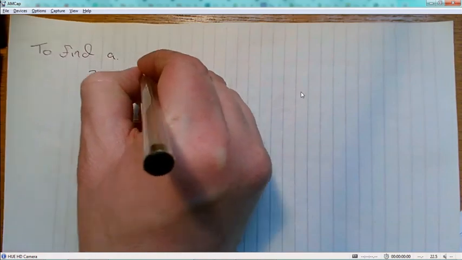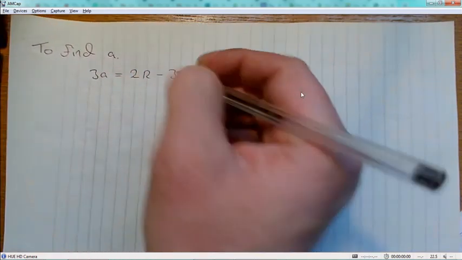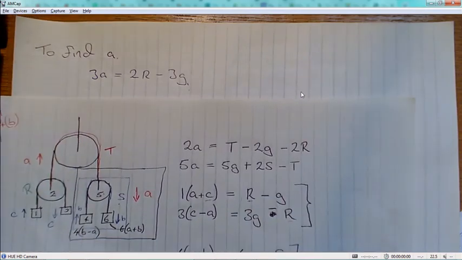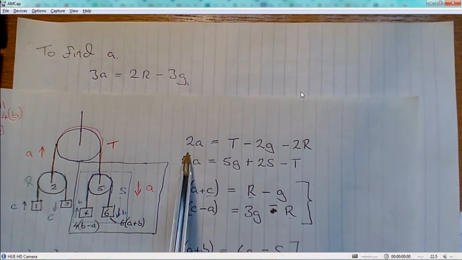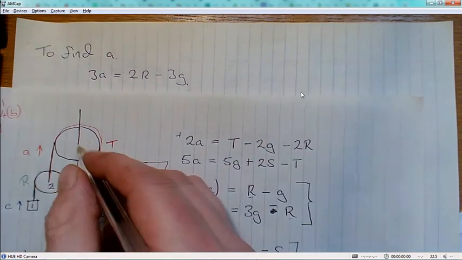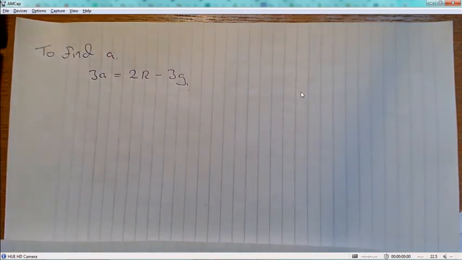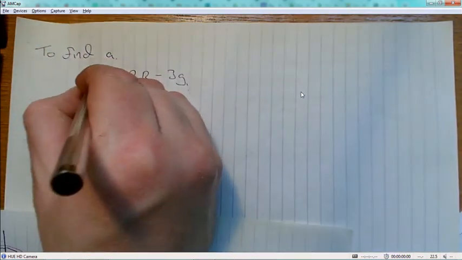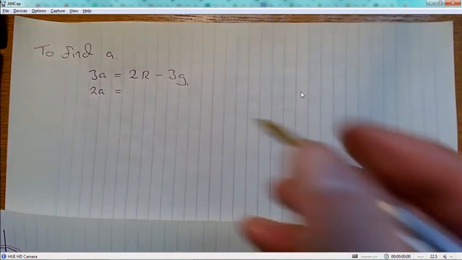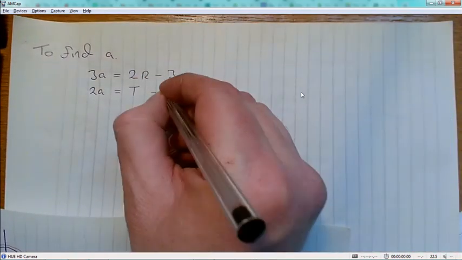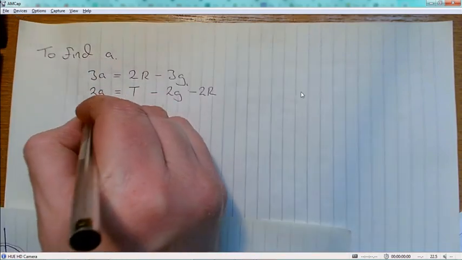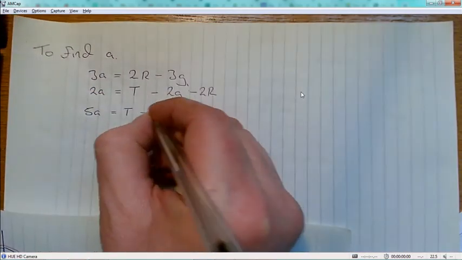Another phrase we had previously that had R's in it, and we could use that to cancel, was this one. We combine that and see what we get. This is the very first equation, the equation of motion of the 2 kilogram pulley particle. So 2A is equal to T minus 2G minus 2R. So now this says 5A is equal to T minus 5G.